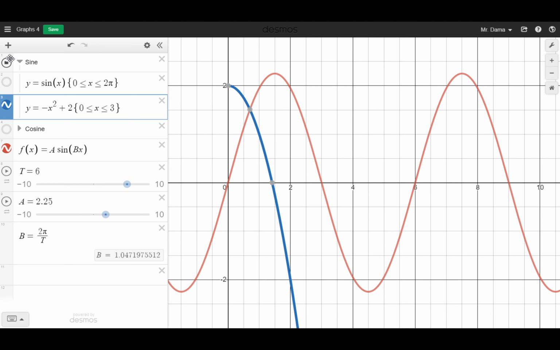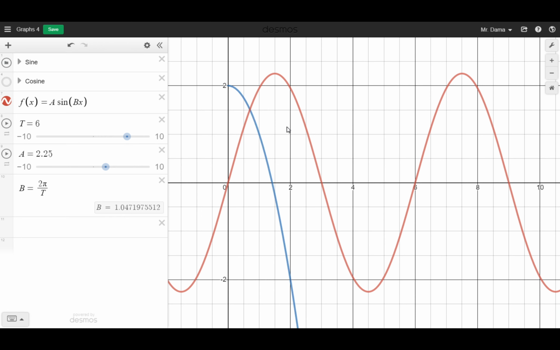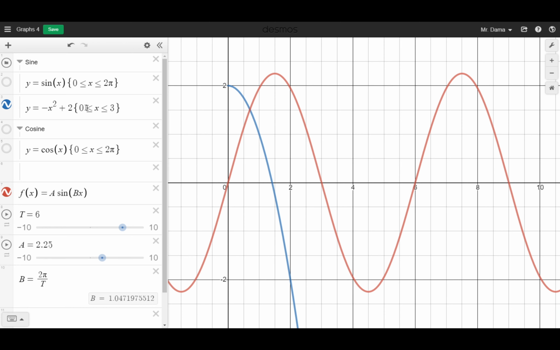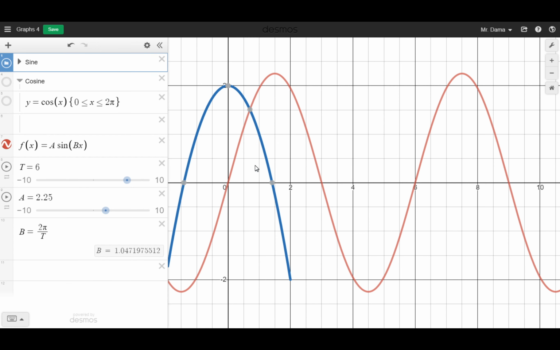Let's try and model a cosine curve to this. What do I know? Sorry, I'm just going to go negative. Okay, so let's try to model that blue thing here.